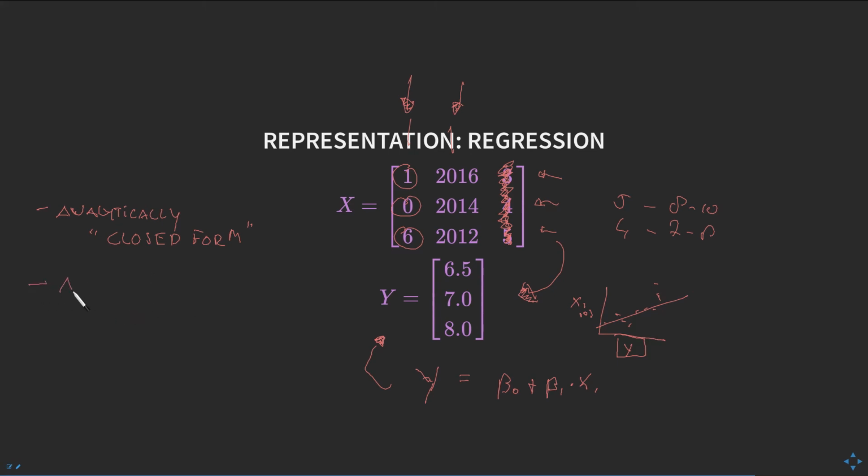But we can also approximate the fit. And this is generally done using gradient descent. Now for data mining, we're not going to go into detail on any of these. This is machine learning. But I can give you some sort of intuition.